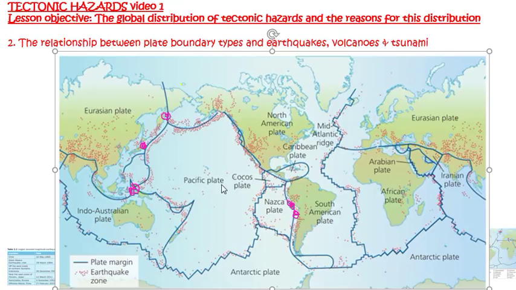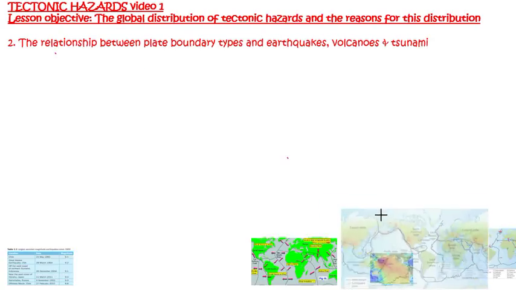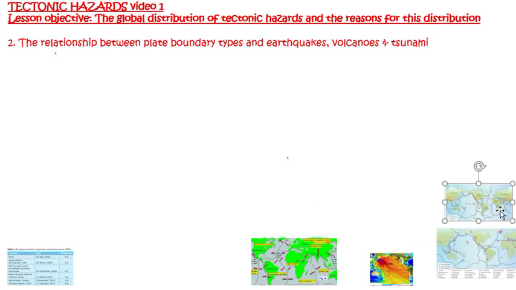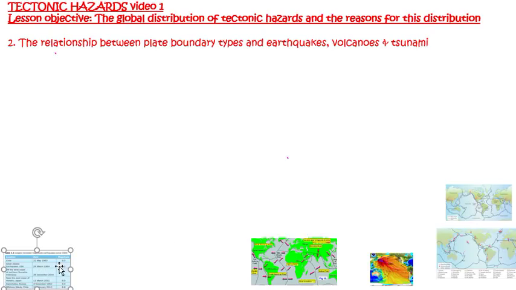And we get megathrust earthquakes, which are the highest magnitude and pose the highest risk to people. So the synoptic concept of risk comes in at this point when we're making a judgment. Obviously, lower risk is at your divergent plate margins and at intraplate locations. You've got lower magnitude, so therefore lower risk.